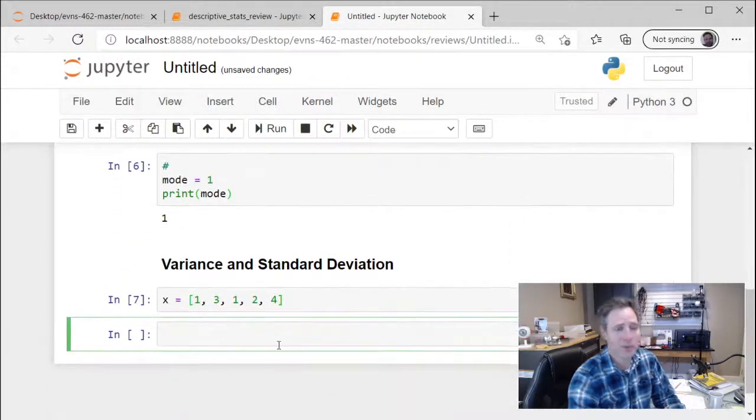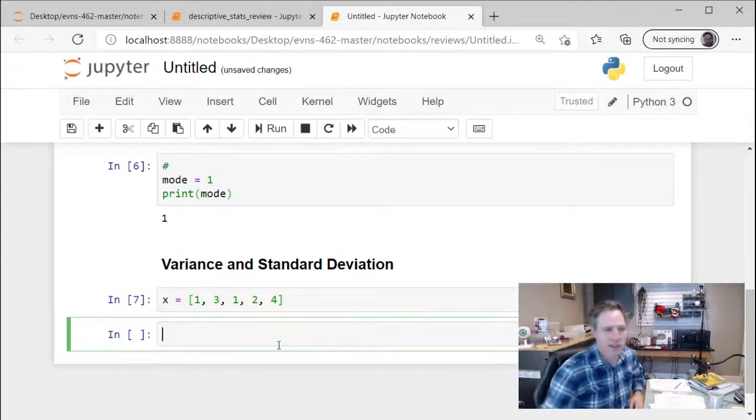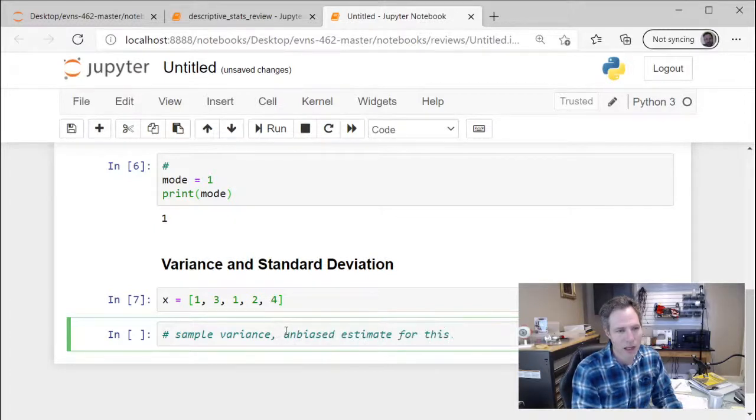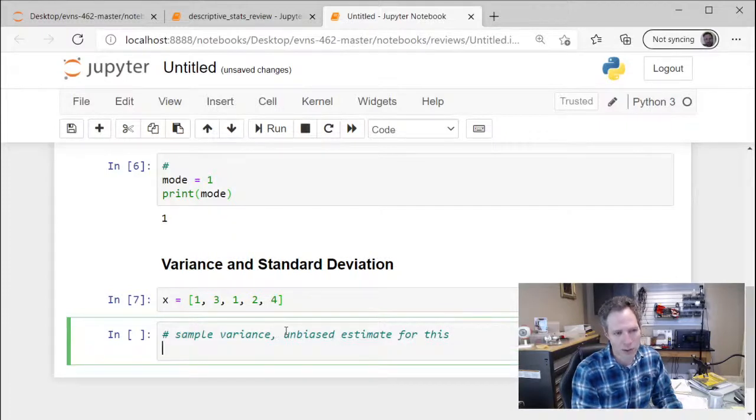Okay. So the steps in calculating variance, and this is if you're not told otherwise, assume it's sample variance and then use the unbiased estimate for this. Okay, and so I will give you a small data set and expect you to be able to do this once so you can show me that you know where it arises from, out of what calculations it comes from. All right, so the first step in calculating the variance is to find the mean, which we already did.